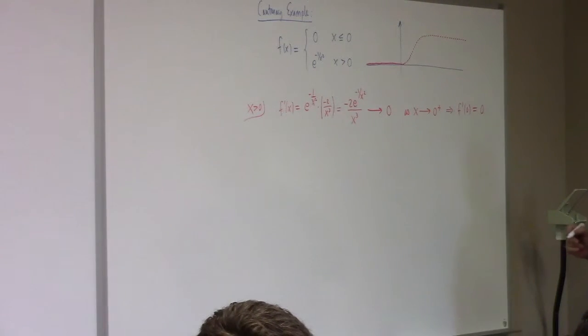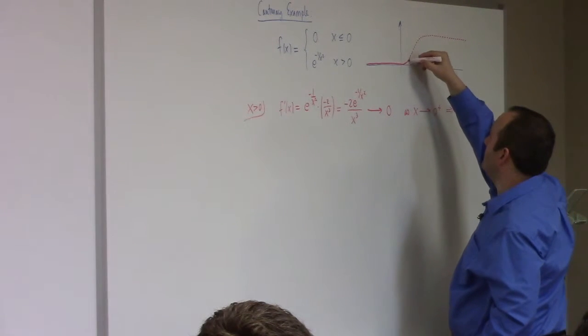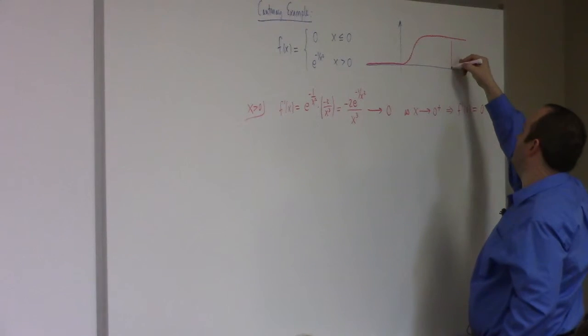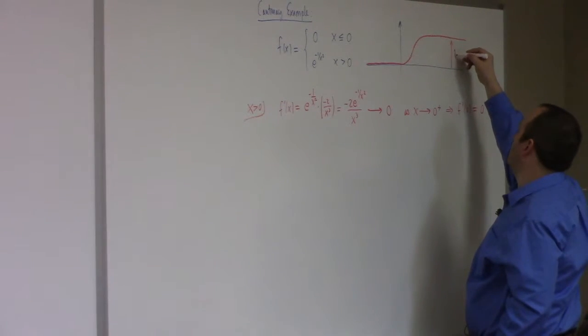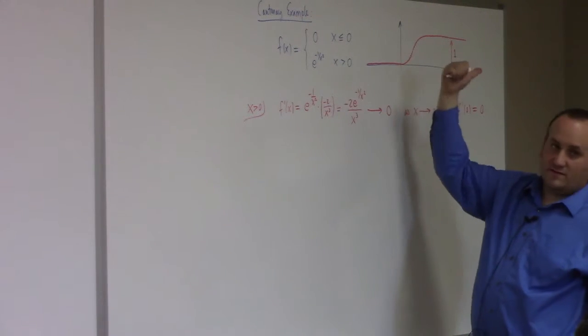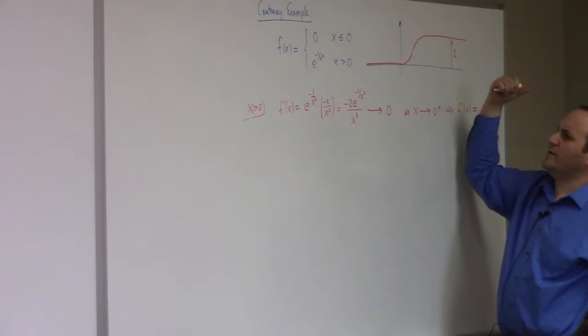What is it asymptotically going to? What's this value? It's 1, right? As x goes out and out here, you get e to the, oh wait a minute.